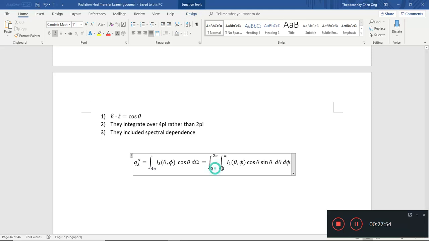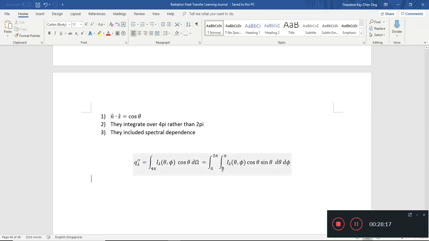So that at least shows you how to calculate heat flux from a known intensity field, right? The intensity field depends on the polar angle, theta, and the azimuthal angle, phi. From that you can calculate the heat flux as follows.